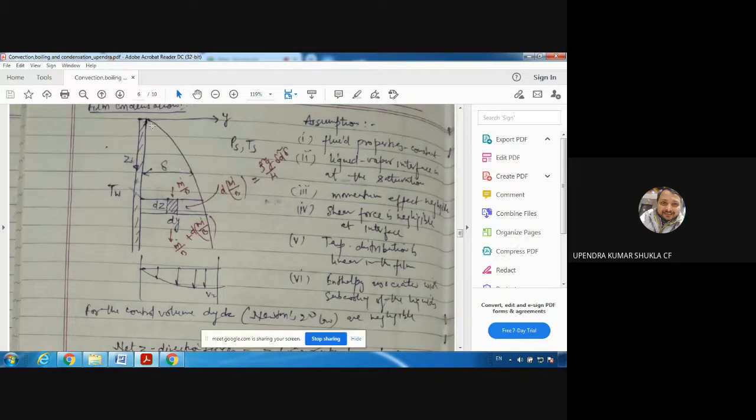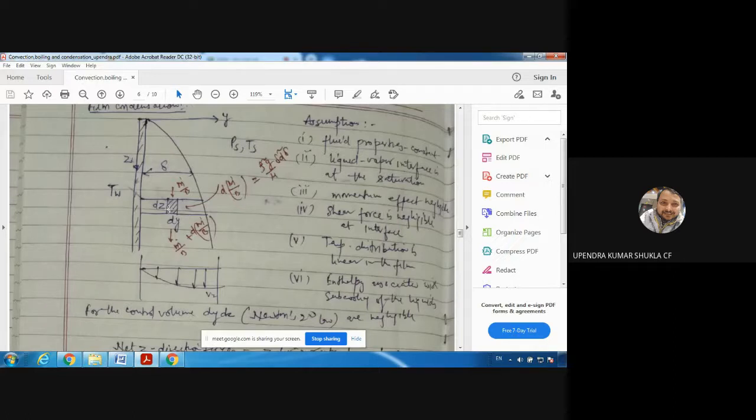Now this is the solid and vapor, and this is the liquid vapor interface. At the interface you will find the saturation temperature. This interface would be at the saturation temperature. One more assumption that we are taking is that momentum effects are negligible. What is the significance of that? You must have studied the momentum balance in fluid mechanics.